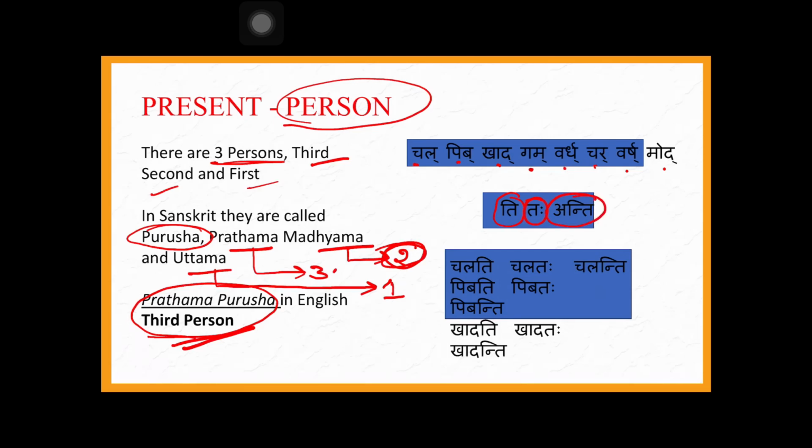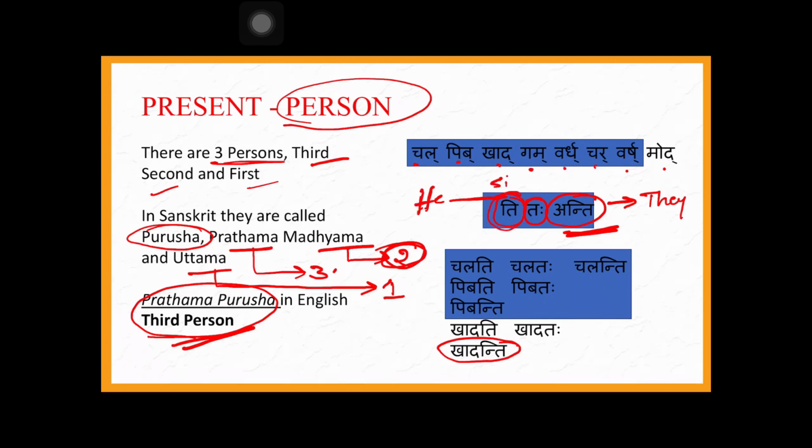For example, he is going, and here they are going, which means plural. When you are using the present tense in plural form, then what will happen? Khadanti, you can see here, khadanti. If you are using he, someone is eating, then khadati. That is the difference, singular and plural.